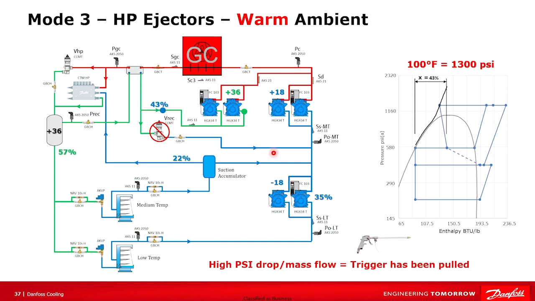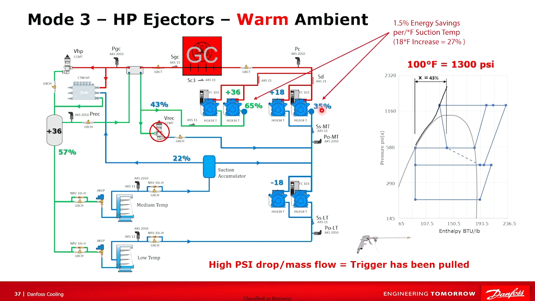And the magic of the ejector block is this. At this point, we're now running 65% of our overall system mass flow on a plus 36 compressor. And that includes serving the plus 20 medium temp evaporators. And that only leaves 35% coming to our low temp, because all it's doing now is servicing the low temp load and compressors.